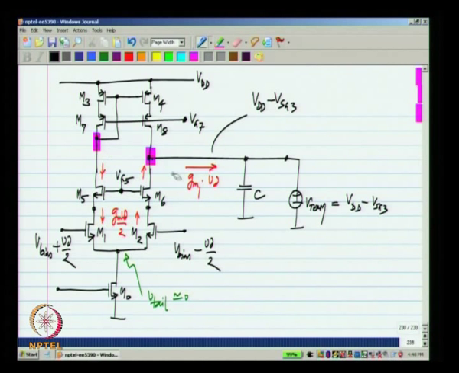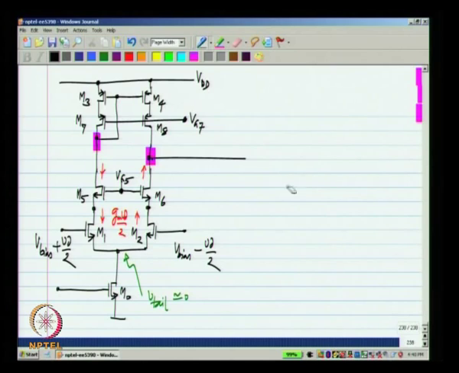Analysis again is similar to what we did earlier. If I apply an incremental test voltage and measure the current I test, by taking the ratio V test by I test I can find out the output resistance.